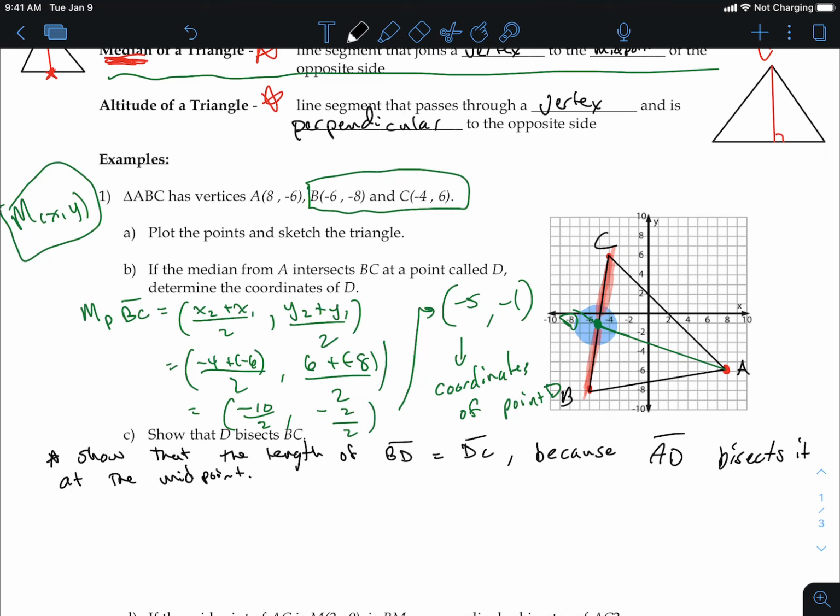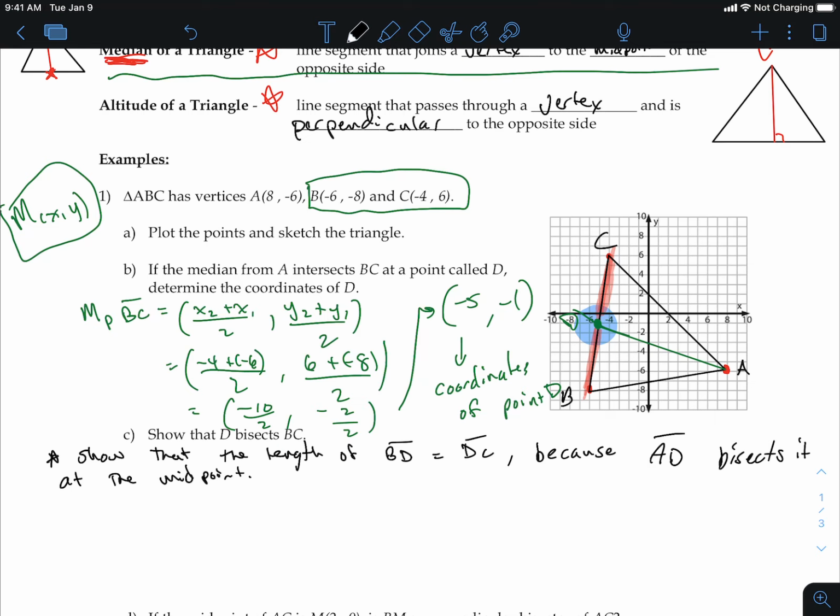So if I show that the length of BD is equal to DC, then I know it actually intersects at the midpoint, because the line segment AD cuts that other one in half. If it cuts it in half, you better have two equal pieces on either side, right? Does that make sense?